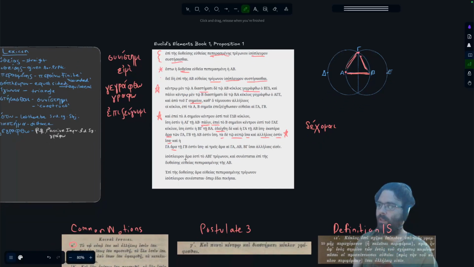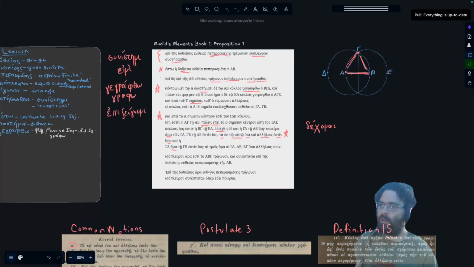Therefore, the triangle alpha beta gamma is isopleuron, it is equilateral, and it has been constructed upon the given finite straight line alpha beta. So we had our straight line here, and we've shown that the triangle at the intersection of these two circles, gamma, is an equilateral triangle.